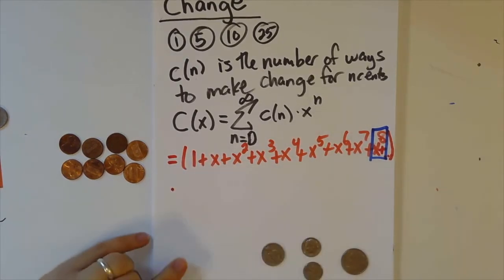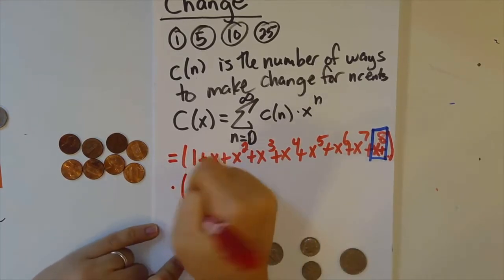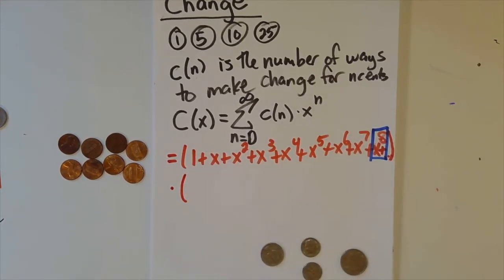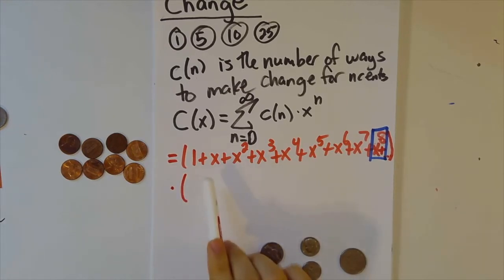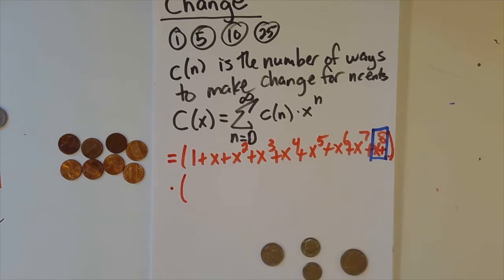Next up, I want to think about nickels. It might at first be our inclination to say, okay, I'm going to have 1 plus x plus x squared, because I could have 1, 2, 3, 4, 5, however many nickels I want. But nickels don't count for 1 cent. If I have 1 nickel, I want the 1 nickel to carry the weight of a nickel, which is 5 cents.